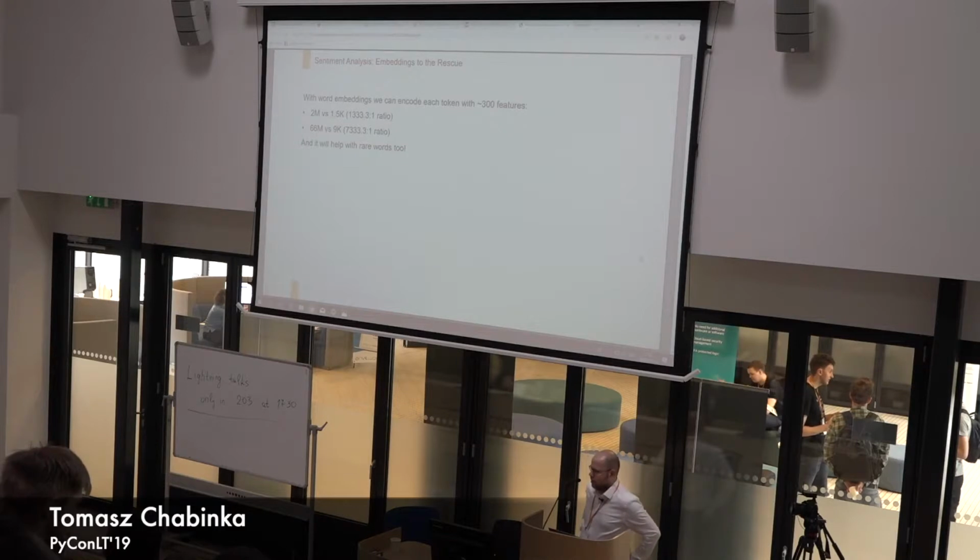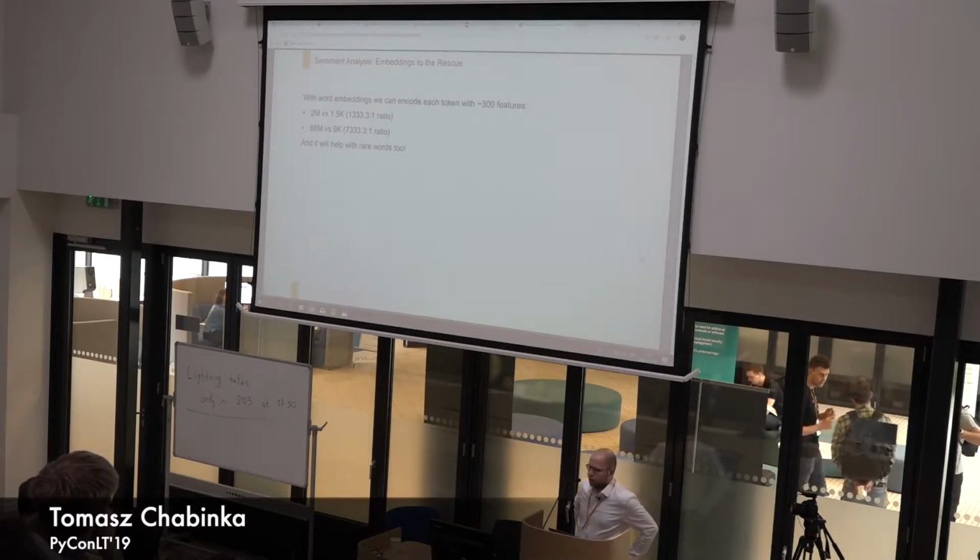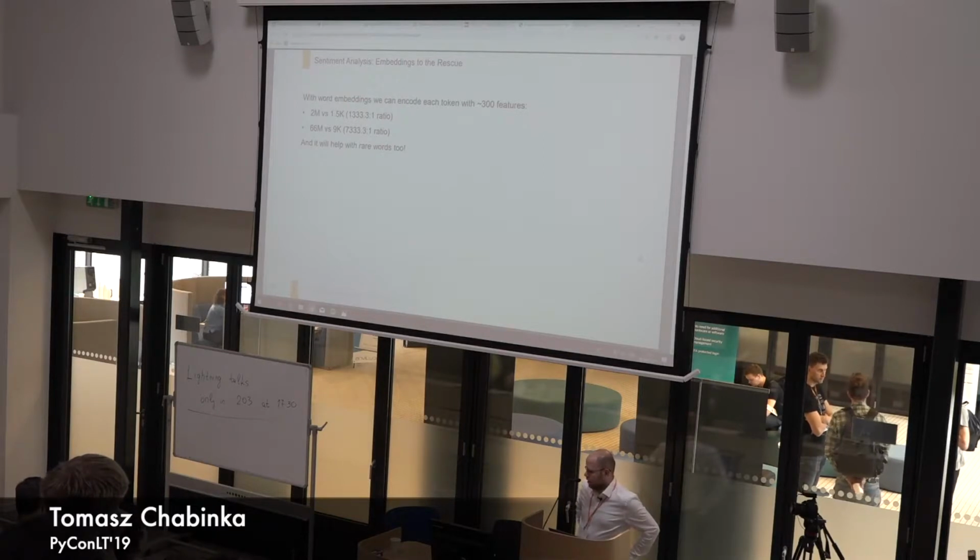So what can we do? We can use embeddings, and we will talk in a moment about what embeddings exactly are. But with the help of embeddings, we can encode each word as a 300-dimensional vector, and in this way we will reduce the number of features dramatically.